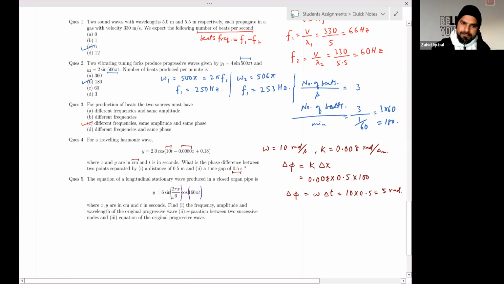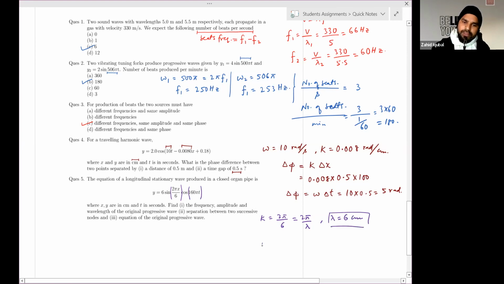Now from this part, if we compare with the equation of a standing wave, you will say k equals 2 pi by 6. Just equate it to 2 pi by lambda to find lambda. So lambda will be 6 centimeter, since the measurement is in centimeter.